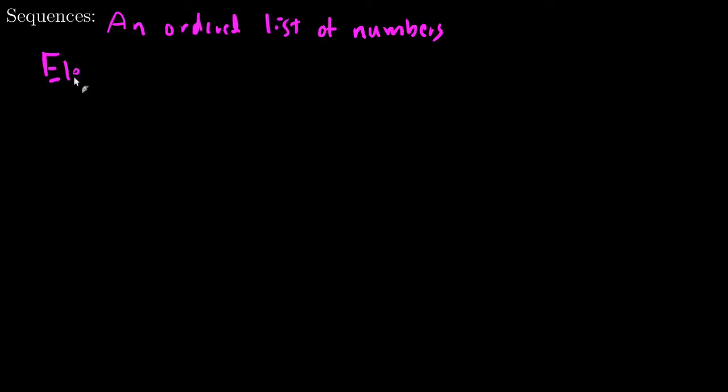So first thing, what is a sequence? I'll define the sequence as an ordered list of, and I'm going to put numbers in here. It doesn't need to be numbers. For sequences, the elements are the numbers in the list.